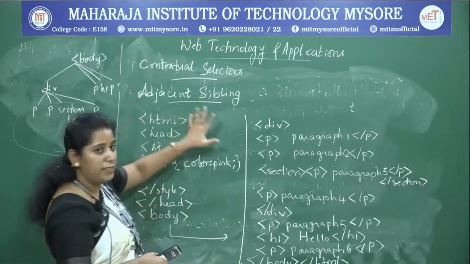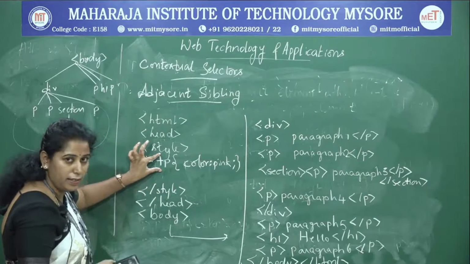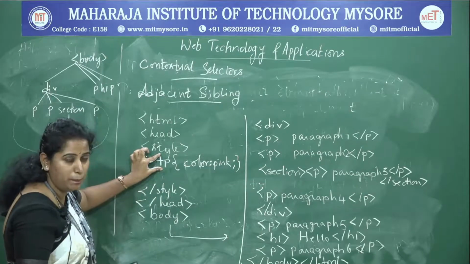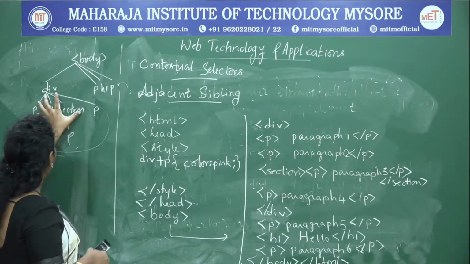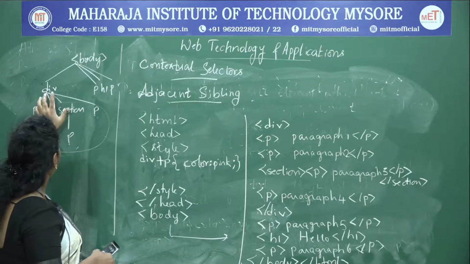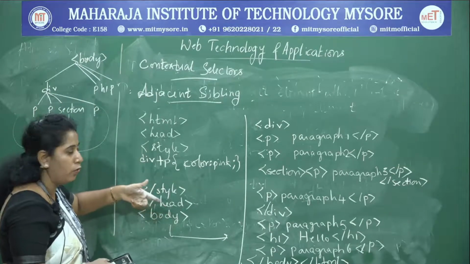This is adjacent sibling. For div, see this symbol represents adjacent sibling. For div, the adjacent sibling is P. These are all the descendants or children. This is a sibling and it is selecting the next adjacent sibling only.